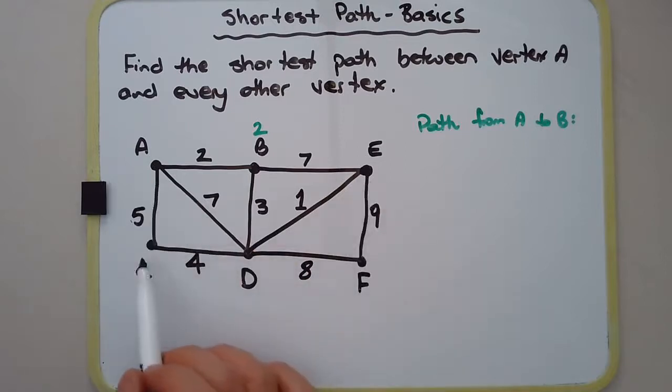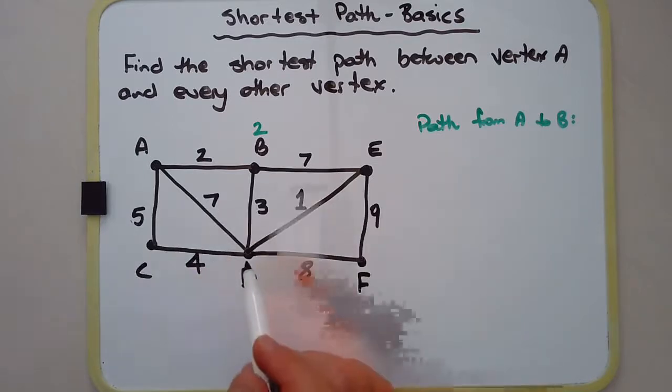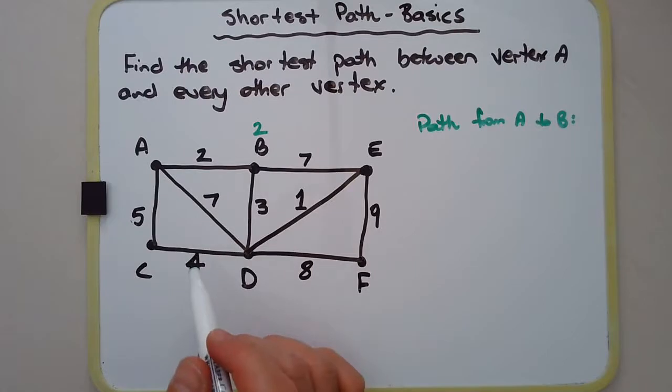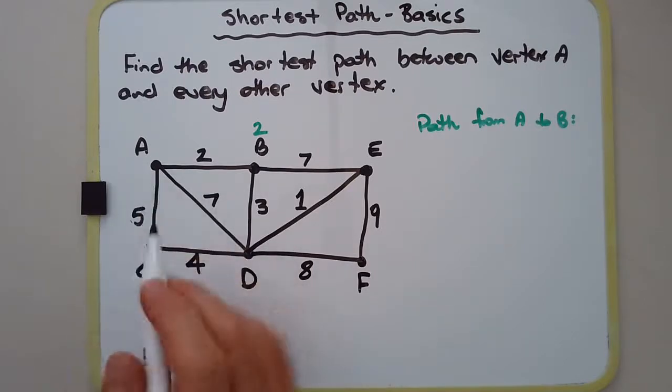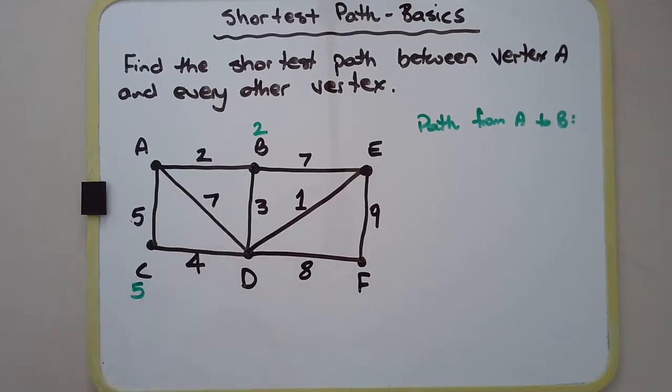There are so many other ways you can get there, but some of these other paths are just ridiculous. We don't even consider them. The value that you're going to get when you add up all the numbers is going to be too high. So we just consider the most reasonable options. So A to C is probably just direct. A to C is just 5.